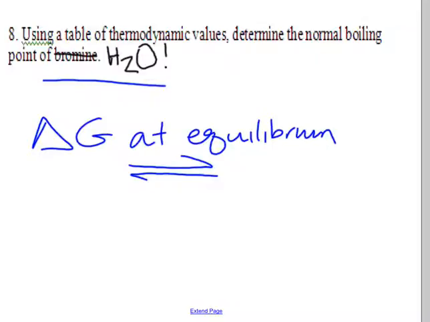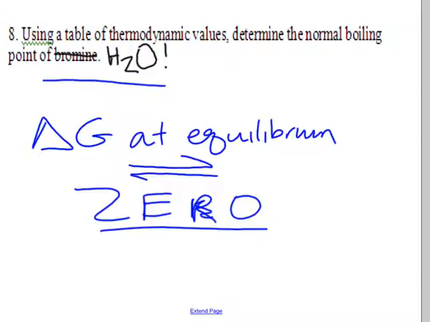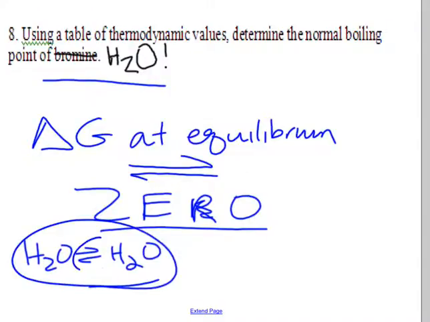But if I have a reverse going on, doesn't it mean it's spontaneous in the reverse direction? So if I've got both of those equal and opposite, what do you think delta G is at equilibrium? 0. At equilibrium, delta G is 0. And that's why we were allowed to plug in 0 for that H2O thing, and it didn't have equilibrium arrows. It really should have. H2O liquid to gas, because this is the phase change, and that's another thing that's important.